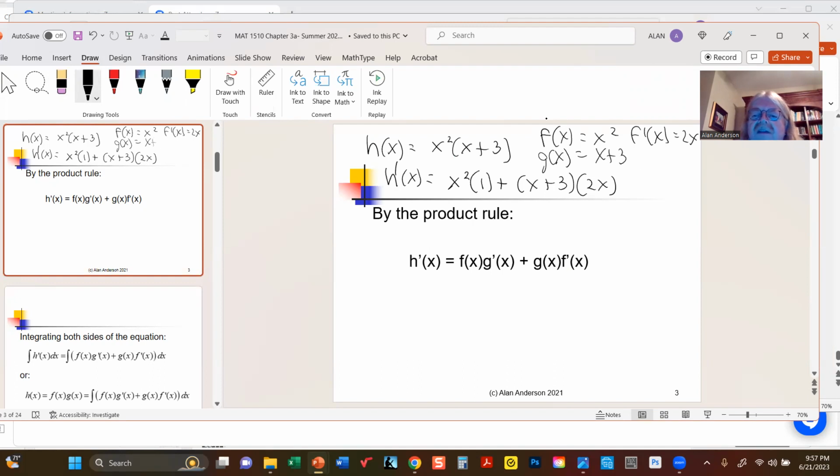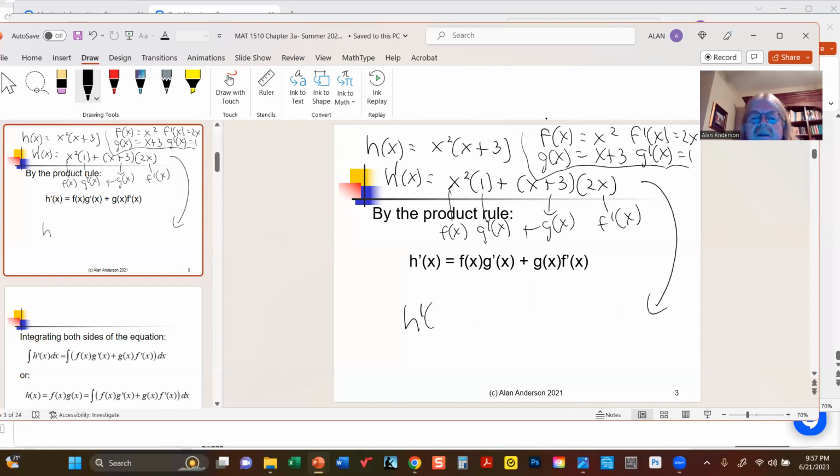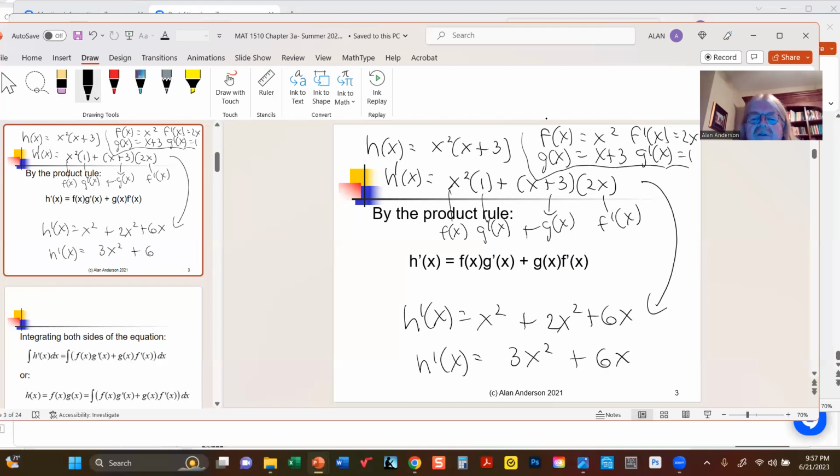And therefore, g prime of x is just 1. So now I plug them in. Here's my f of x. Here's g prime of x. Here's g of x. And here's f prime of x. Now you could simplify it too if you want. You've got x squared plus, if you distribute this 2x over x plus 3, you'll have 2x squared plus 6x. And that's your final result.